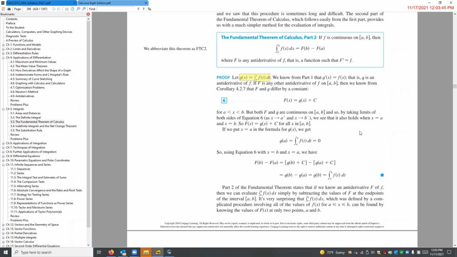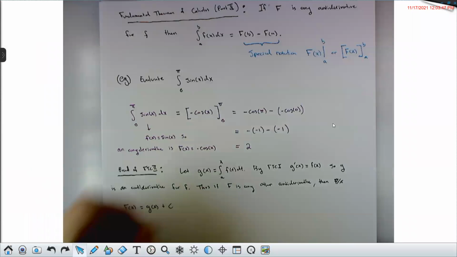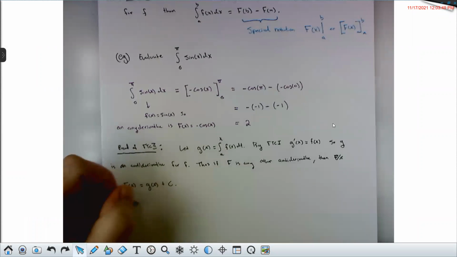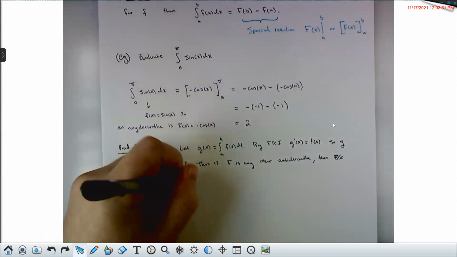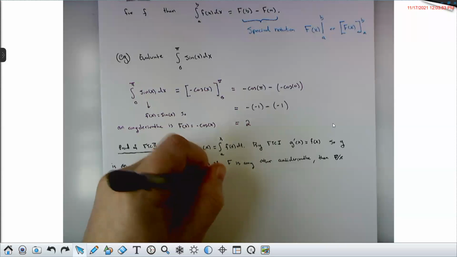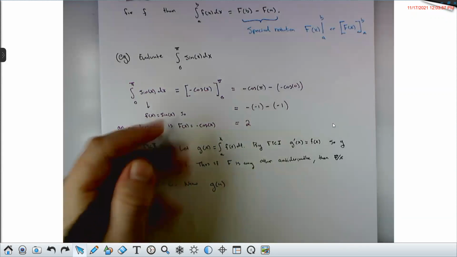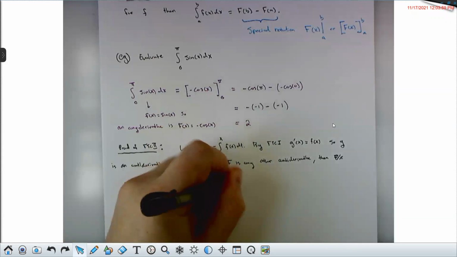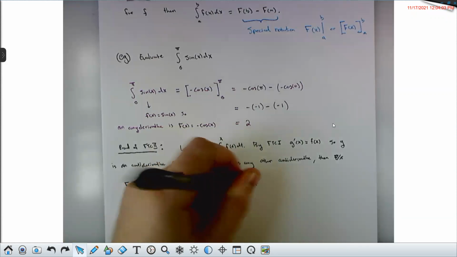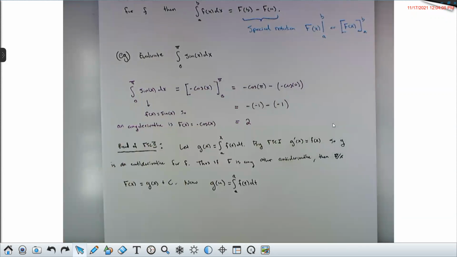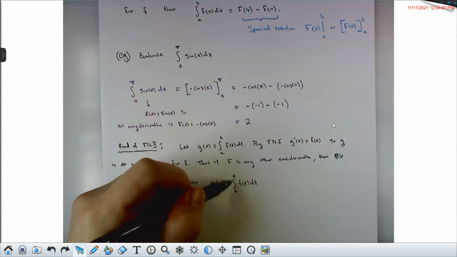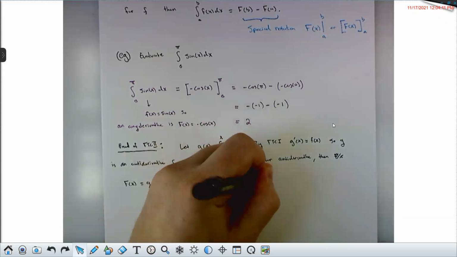Now, g of a, since g is defined to be the integral from a to x, is the integral from a to a of f of t dt. And we've seen previously that the integral from somewhere to that same place, right? There's no width there. That is necessarily 0.